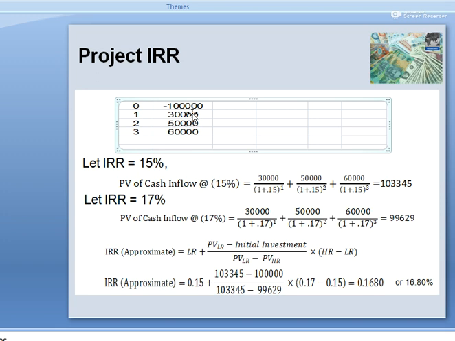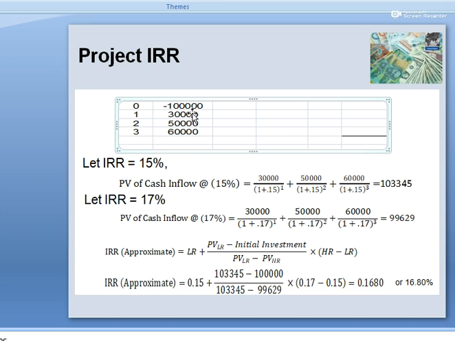So we are going to take a sample rate. You can use 10 to 20% or 5%. The first rate is key. Let's assume 15% is being used. At 15%, after discounting, the present value of inflow becomes 1 lakh 3,345.